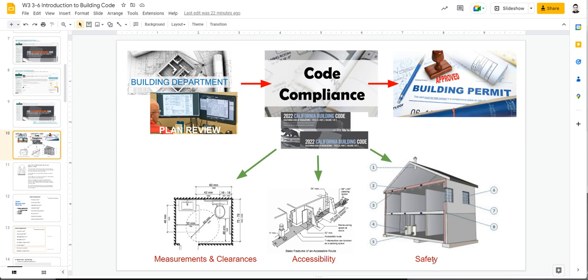And number one is actually safety. It was codified so that when you are designing a building, you wouldn't have a way to kill or harm the tenants of the building.